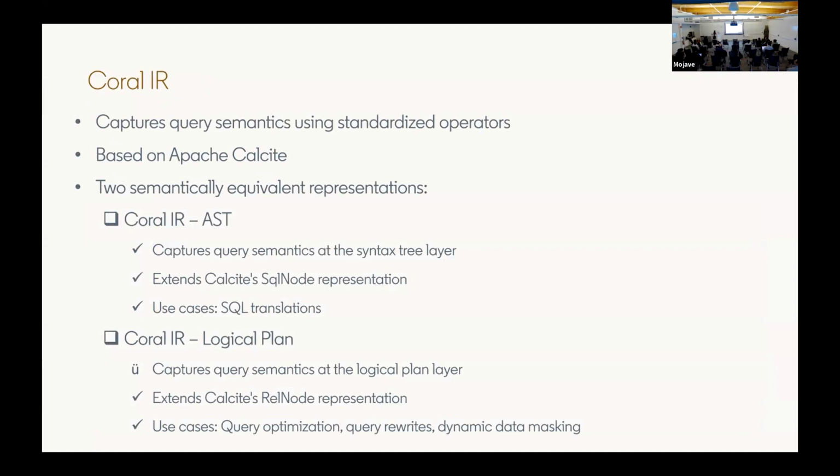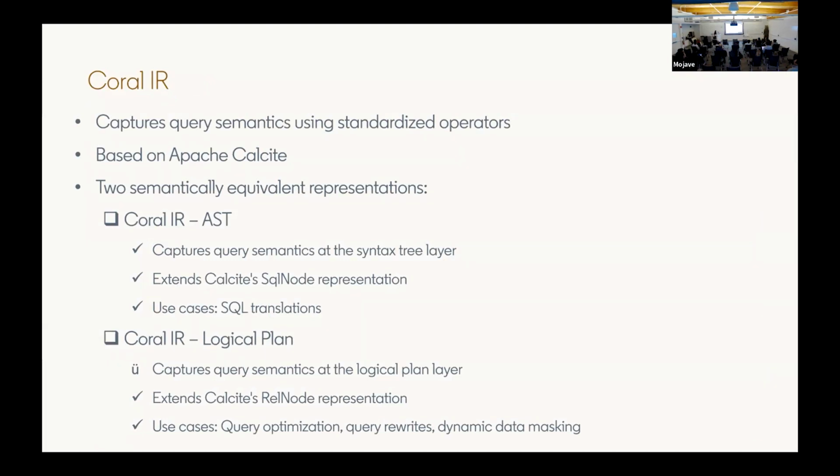At the center of Coral, we have a standardized representation called Coral IR, which is an engine-agnostic representation. We provide adapters to convert any input representation into this Coral IR and back from this Coral IR to any output representation. The Coral IR is based on Apache Calcite's representations, and it has two semantically equivalent representations.